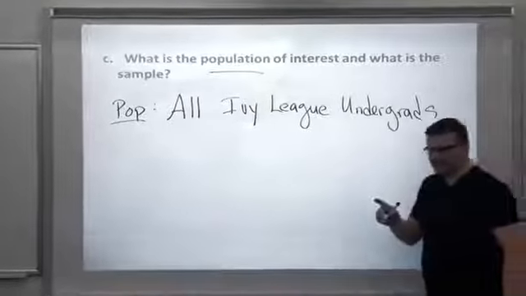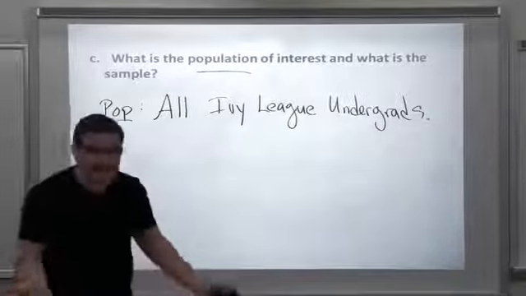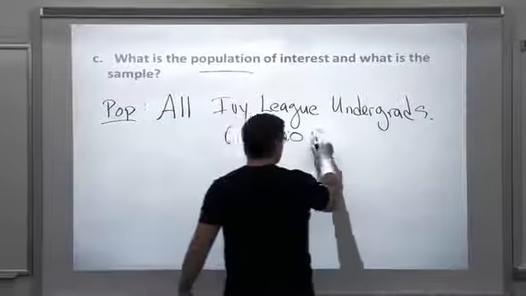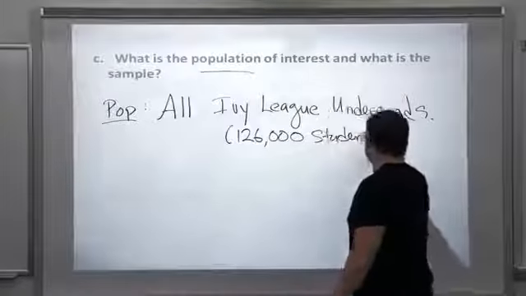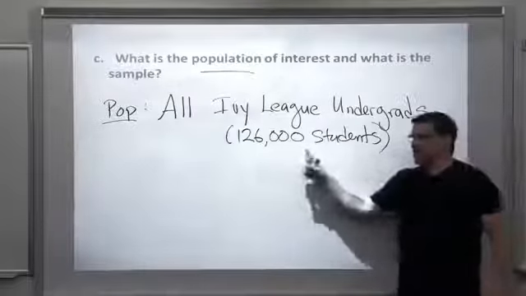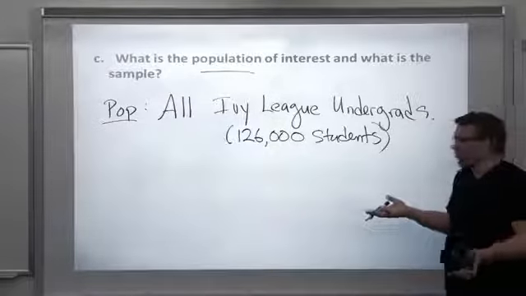And curiosity got the best of me. I looked up how many there are, and the answer is 126,000. Truth be told, there's probably graduate students in here, so knock out the graduate students, and maybe it's 100,000 undergrads.